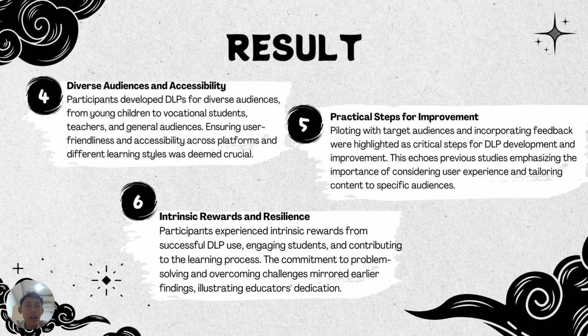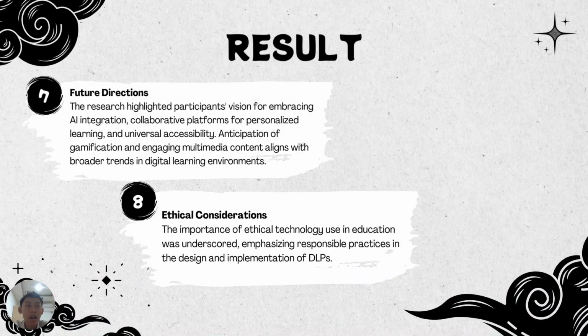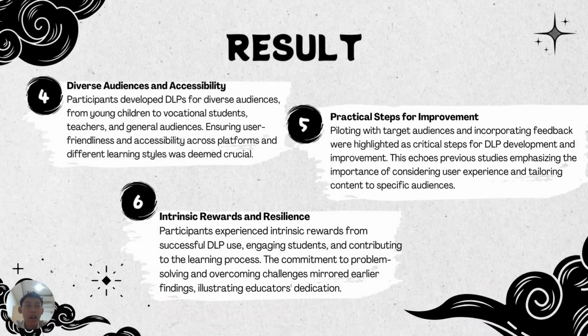For example, some of them use children in kindergarten as the students, so they create a more engaging digital learning product. But some of the groups use adult students, especially concerned about how to recite Al-Quran properly, so they use MOOC to develop the digital learning product.